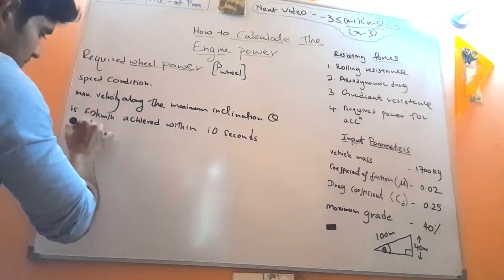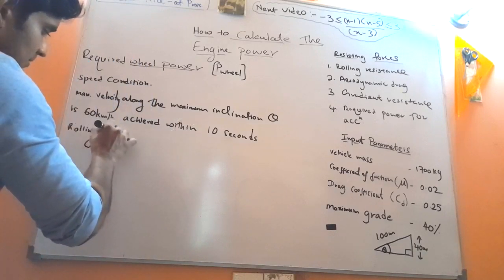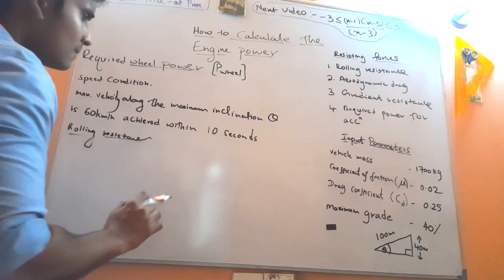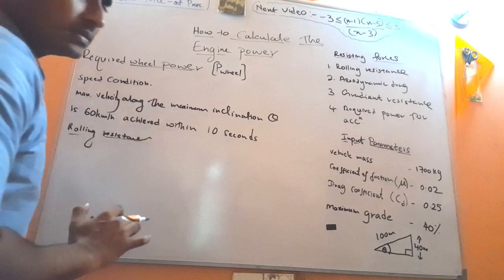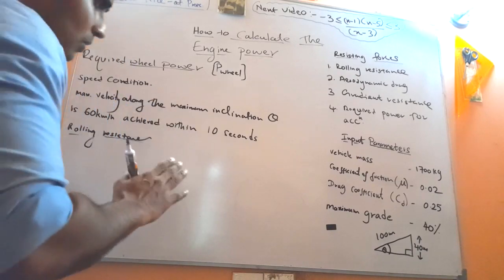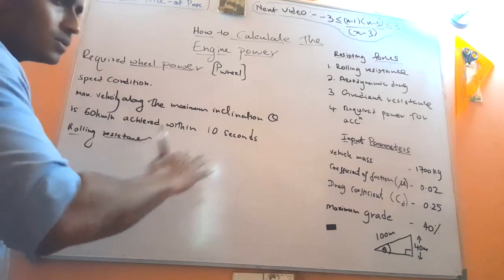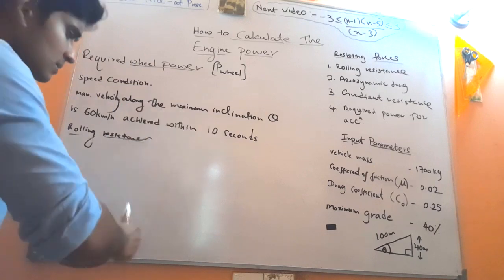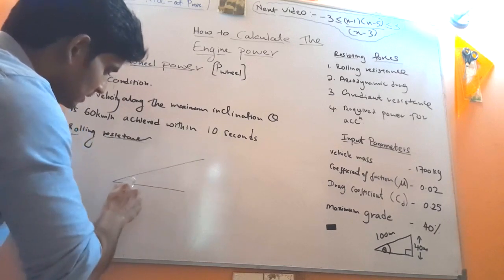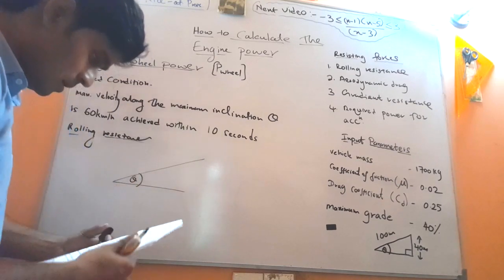Rolling resistance. In this calculation scenario we are considering the inclined road, so we consider the road inclination theta.